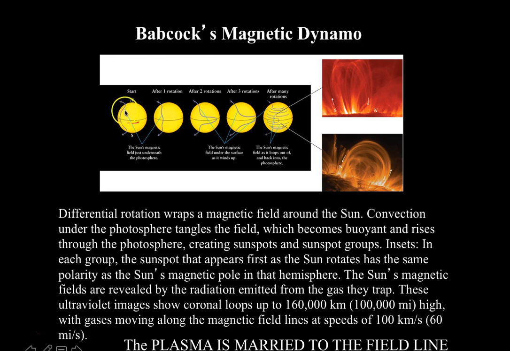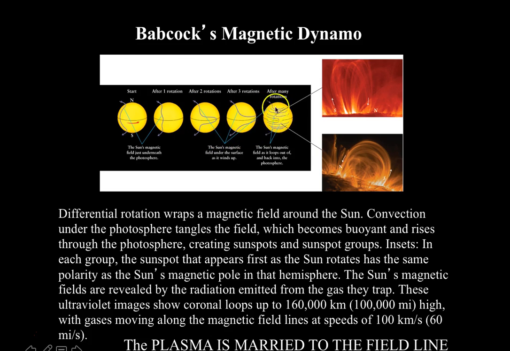So if I have a magnetic field line caused because of the plasma, remember we have positive and negative charges floating around, nothing is electrically neutral, then these field lines are going to be caused by the motion of these charged particles, and the magnetic field line is going to be pulled along the equator faster than it is at the North Pole or the South Pole.